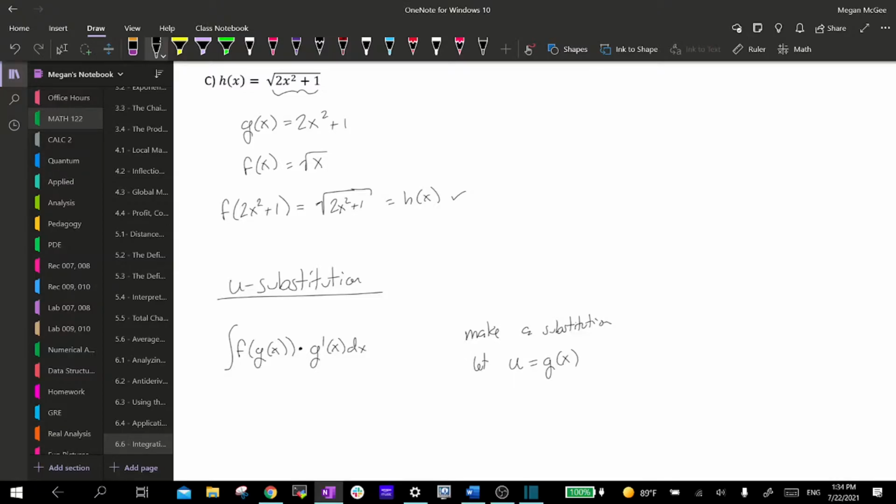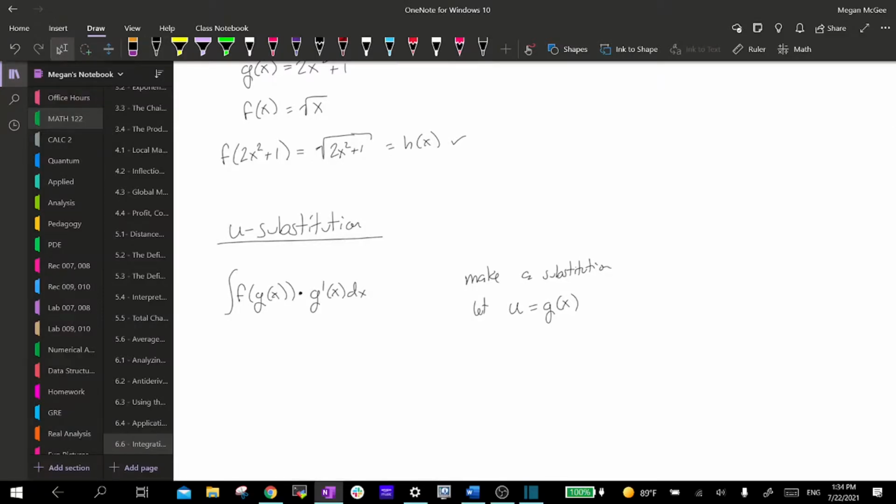If you remember, we need to have all of the same variable inside of our function. In our last section, we talked about needing everything in terms of q.